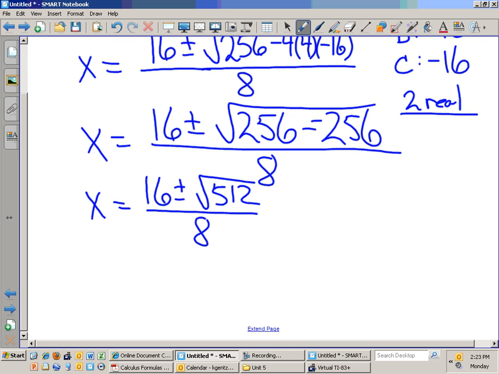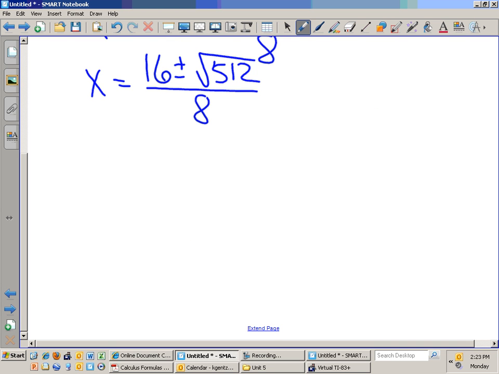How many times does it go in there? Twice. Not i. We don't have a negative number here. 16 plus or minus the square root of 256 times the square root of 2.